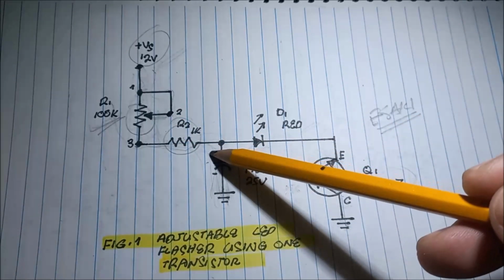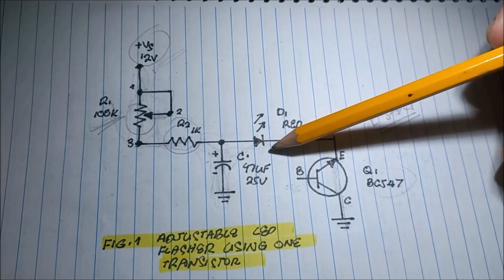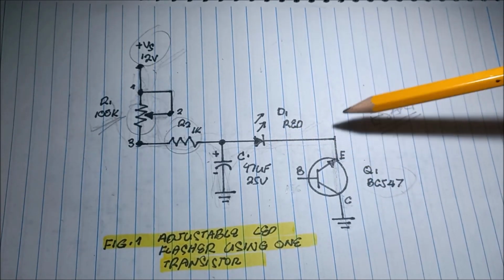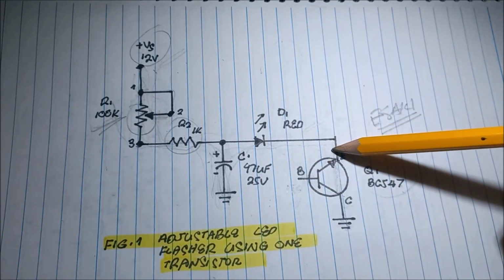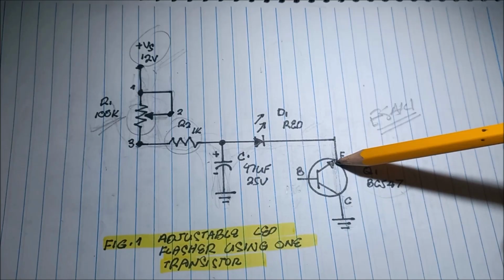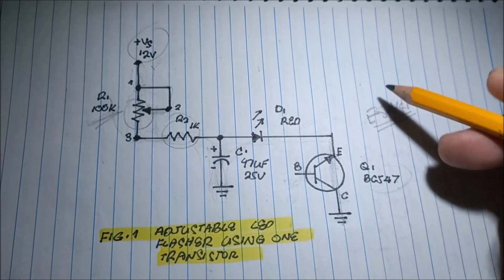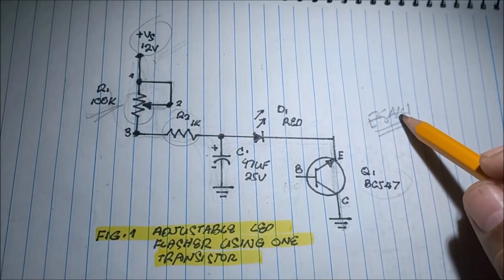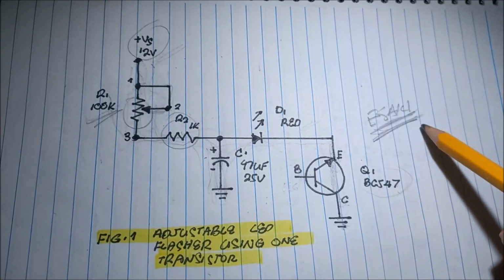After charging, discharging to the LED, and then the current flows into the emitter of the transistor. Since the base is not connected, it will now pass through to the ground, known as the tunnel effect of this Esaki oscillation.